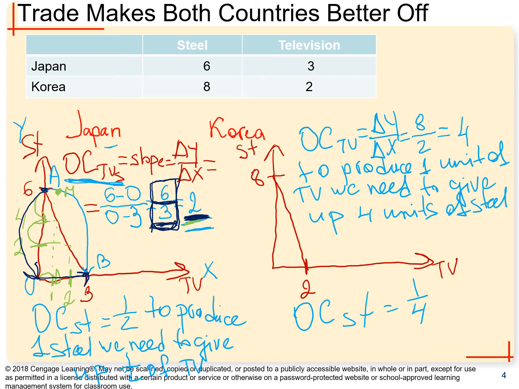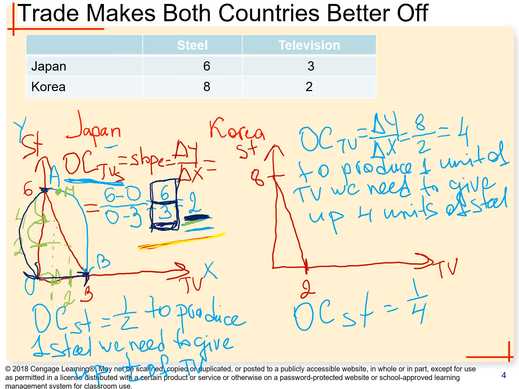Okay, so next one, guys, what are we going to do? Next, we're going to compare two opportunity costs, and I know there's a lot of writing on this slide, but we're going to pay attention now to 4 different costs.